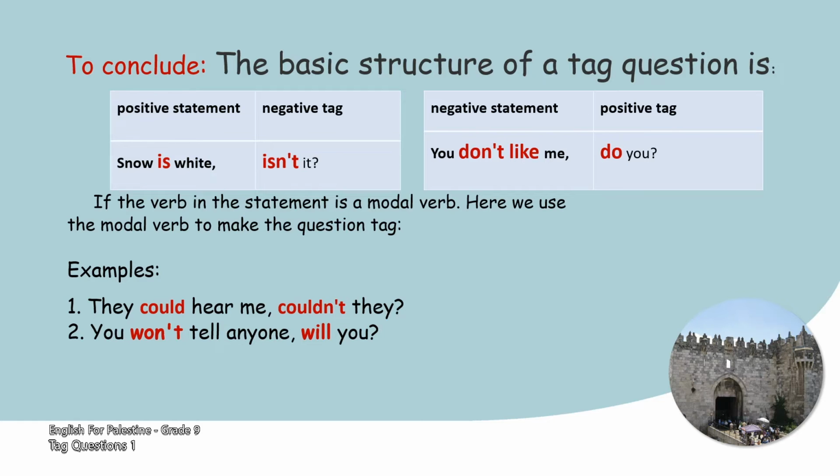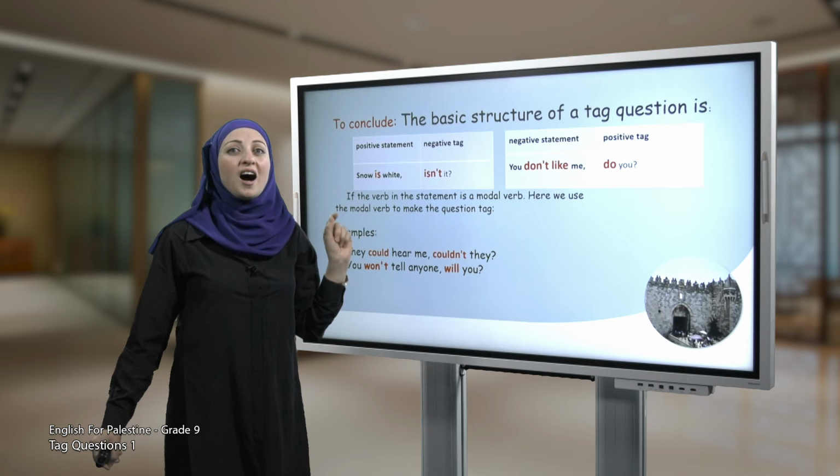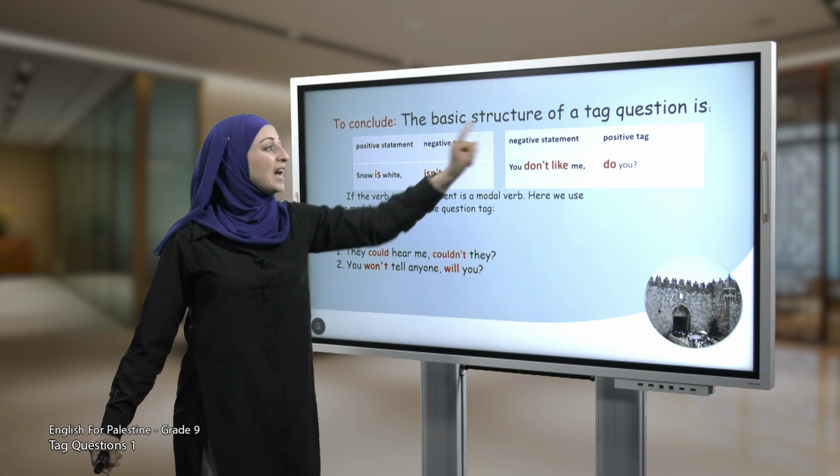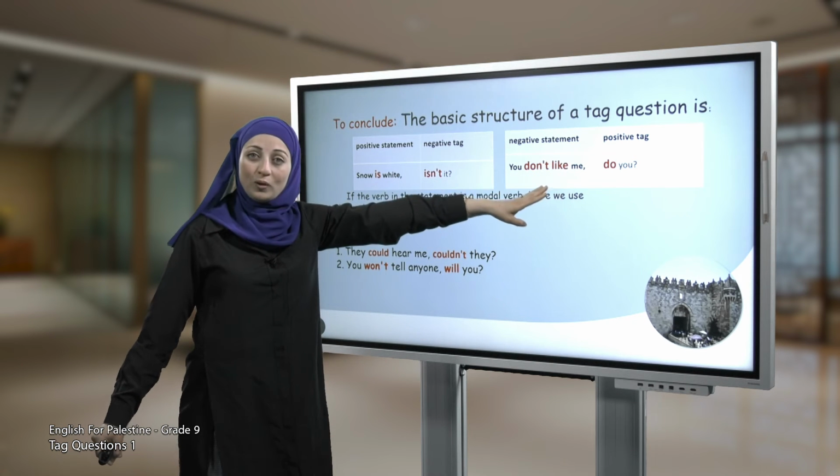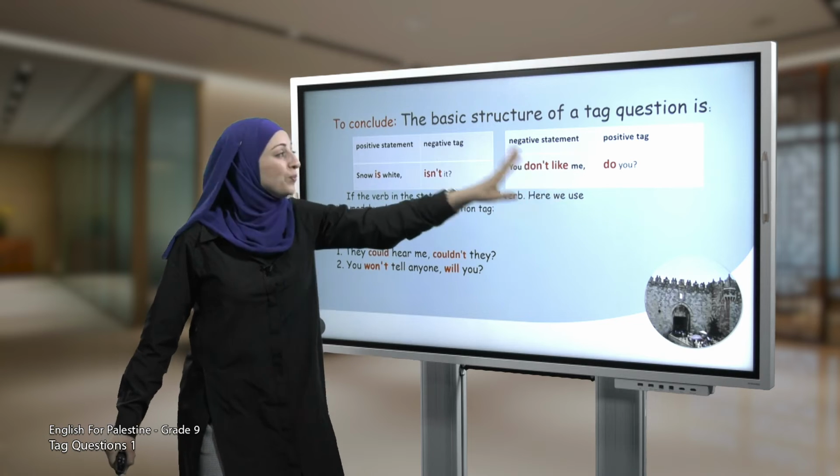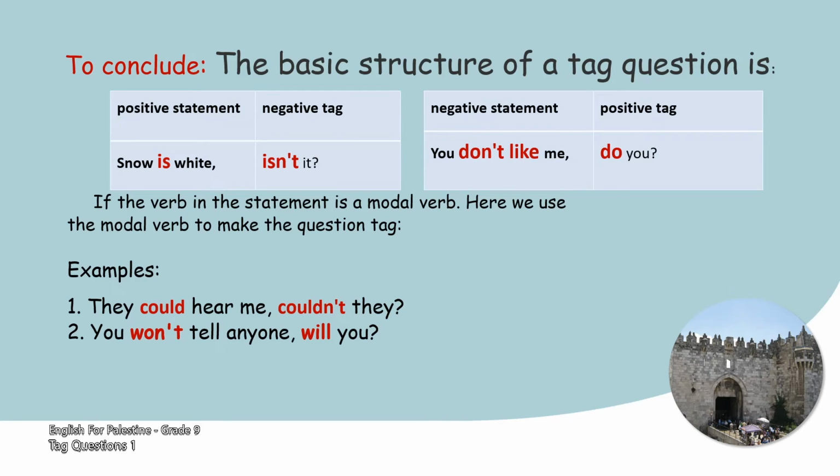It will be, isn't it? But if I have a negative statement like, you don't like me, I should use a positive tag and it will be do you. So, if you have a positive statement, you will have a negative tag. If you have a negative statement, you will have a positive tag. Is that clear?